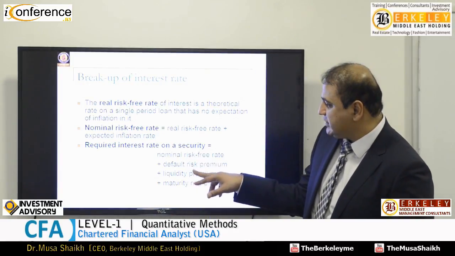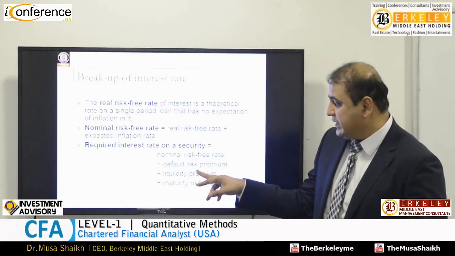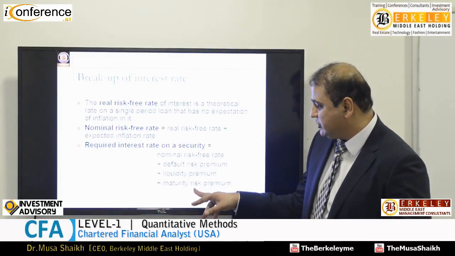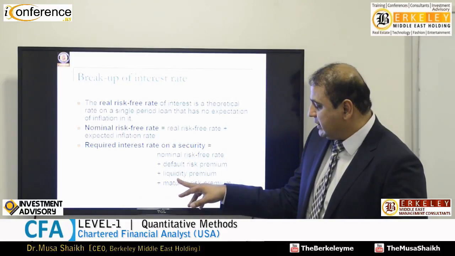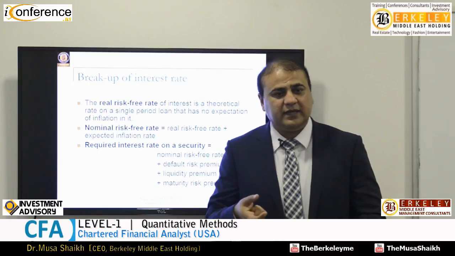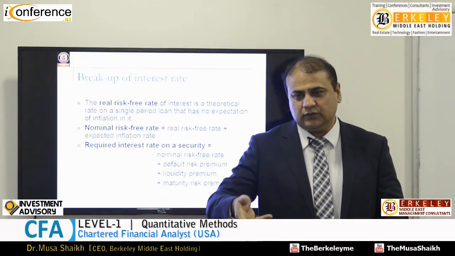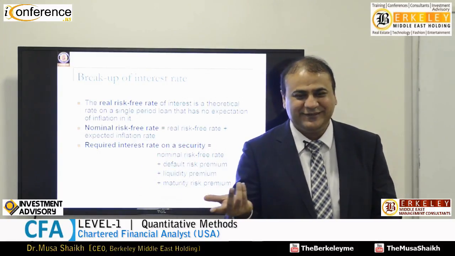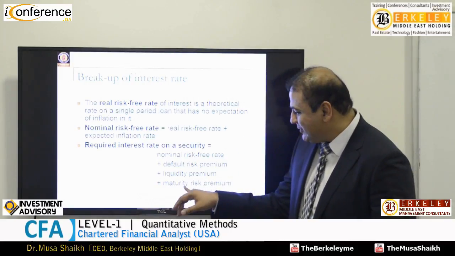The required interest rate on a security is the total of the nominal risk free rate, default risk premium, liquidity premium, and maturity risk premium. What are those by name? Liquidity is the ability to turn anything into cash, right? When you have cash, we say you have liquidity. If you don't have cash, we say you are not liquid anymore. So this is the liquidity premium.